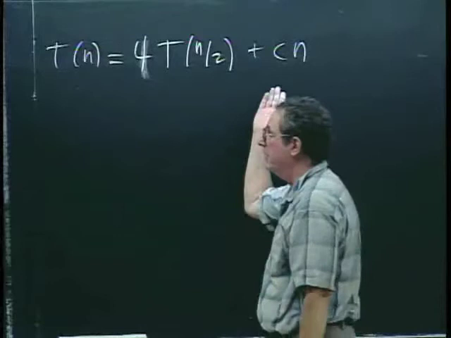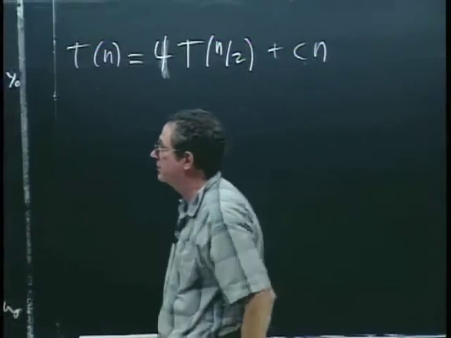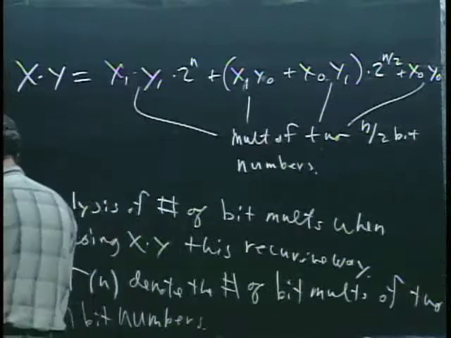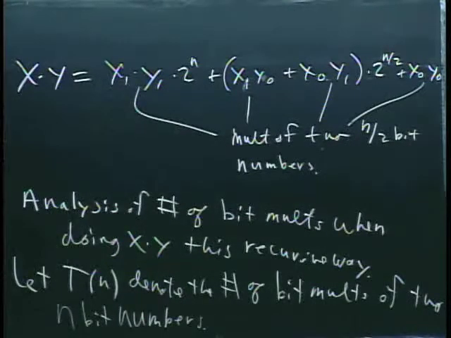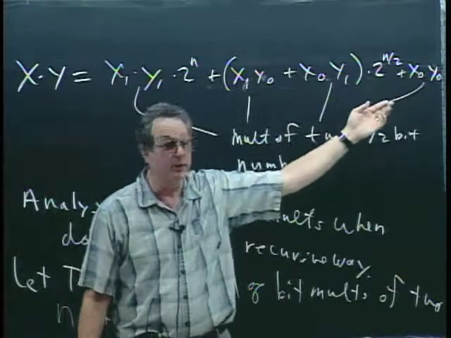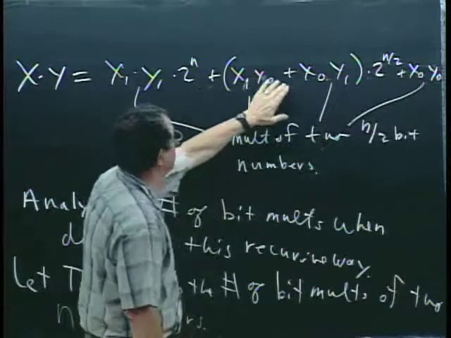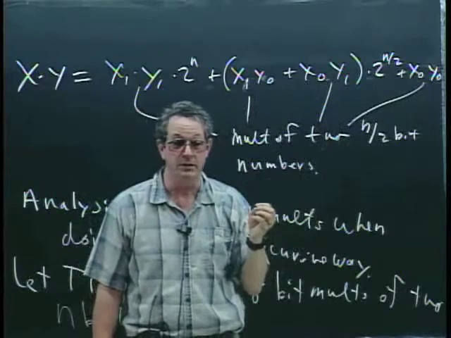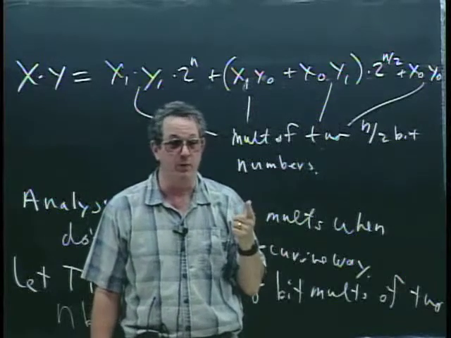But if you're thinking about the efficiency of this way of doing multiplications, you probably should account for the additions that you're doing. So we're doing 1, 2, 3 additions. 3 is a constant number, bigger than 2, less than 4.